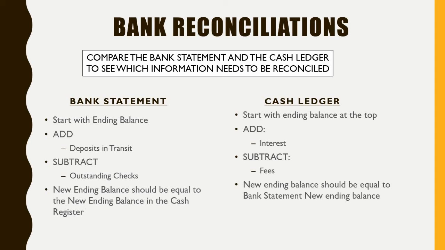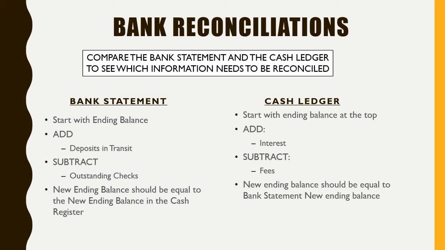So any service fees, any bank charges, anything that you've done wrong. Like if they charged you for an NSF, you're going to have to report that, and subtract it out from your amount. So we start with our ending balance, add any money that we've earned, and subtract any fees that we've encountered. Okay? And then you're going to get a new ending adjusted balance.